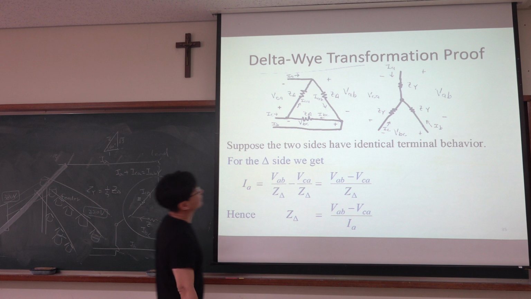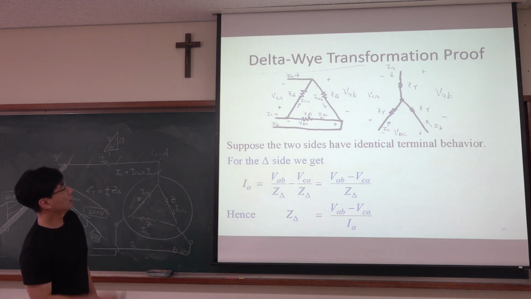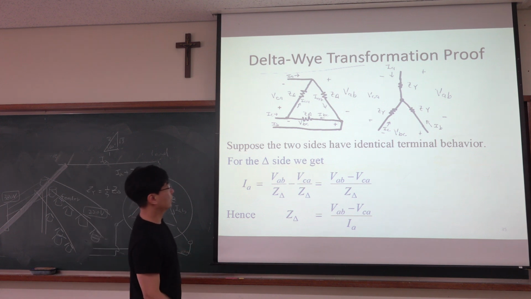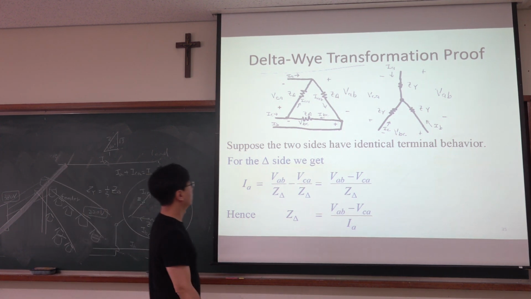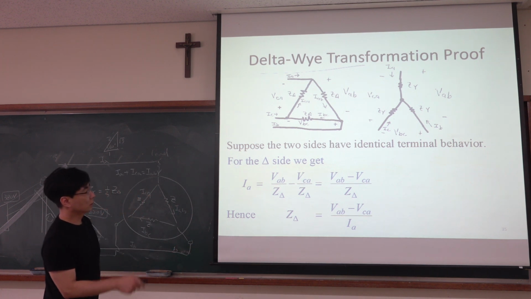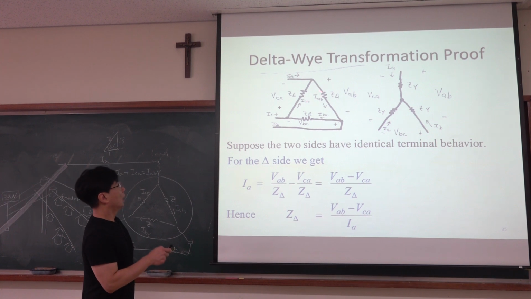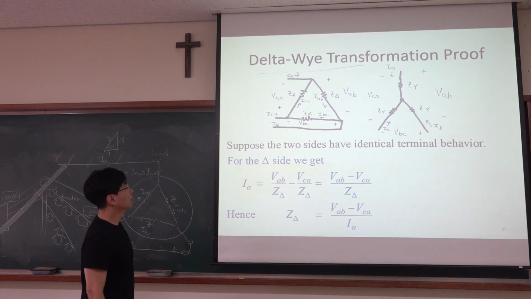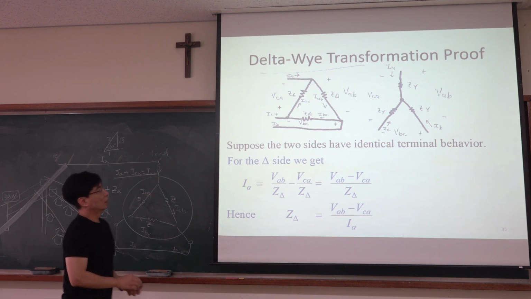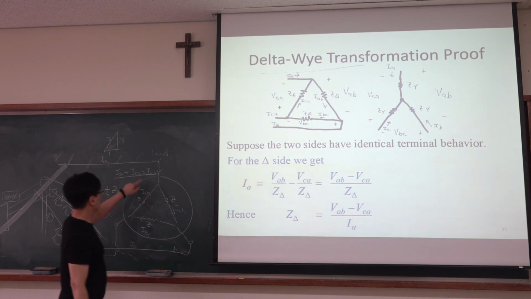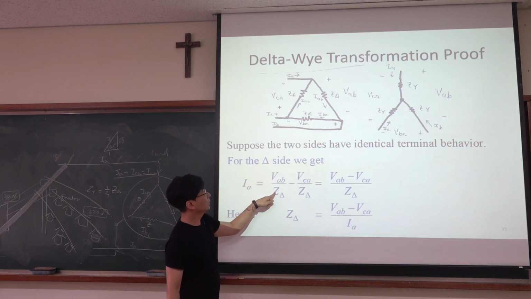Delta-Y transformation proof. This is the delta connection, this is the Y connection. Suppose the two sides have identical terminal behavior. For the delta side we get IA is IAB minus ICA, and IAB is VAB over Z delta.